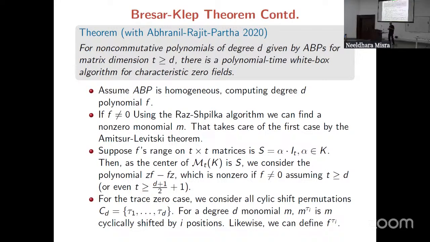Vague explanation, but basically if F has a small ABP, then this new polynomial, F to the tau, where tau is over all cyclic shifts, is identically zero if and only if the trace of F under all T by T matrix substitutions is zero, where the matrices are of dimension more than the degree.